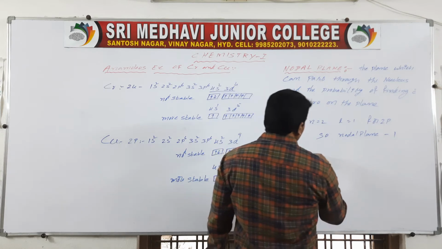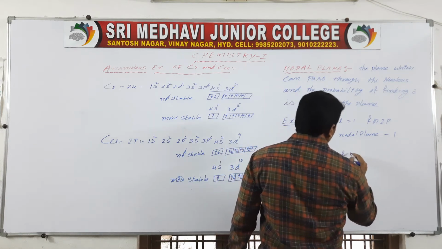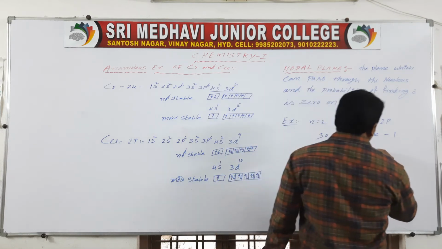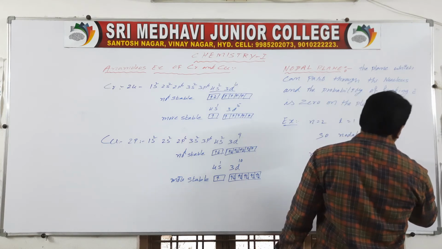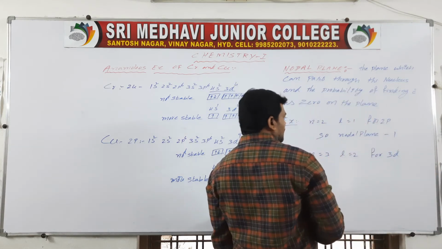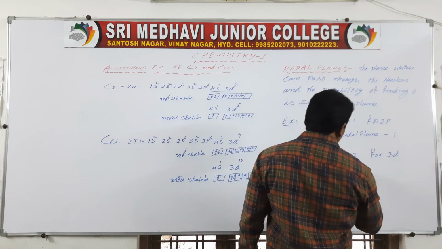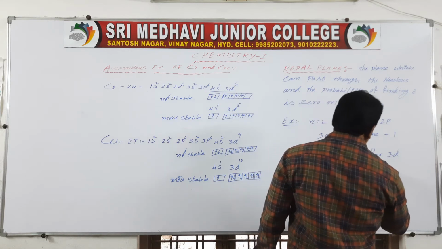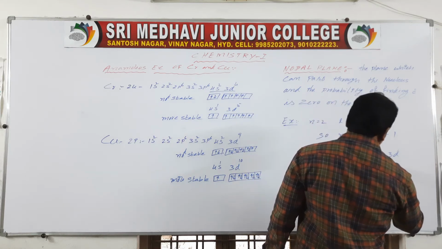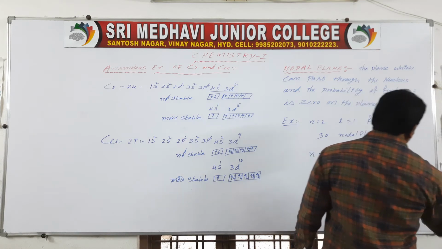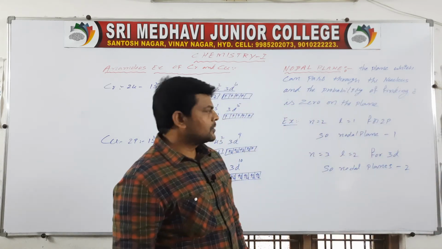Then n is equal to 3, l is equal to 2 for the 3d orbital. Okay, so nodal planes is 2.